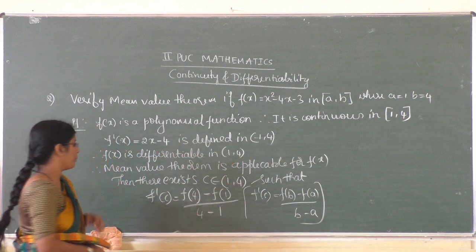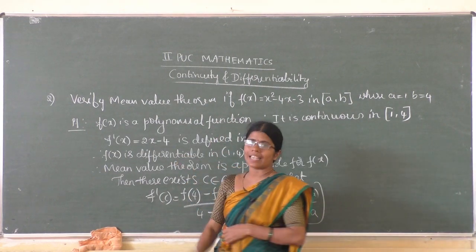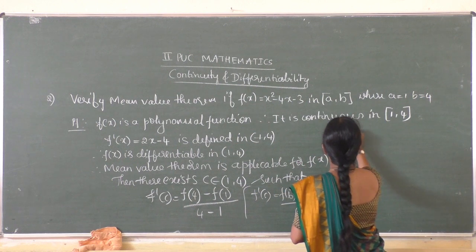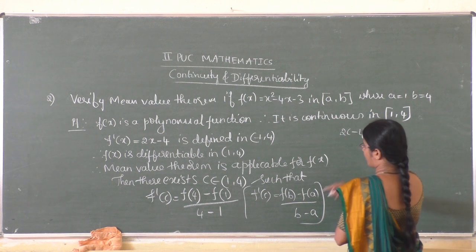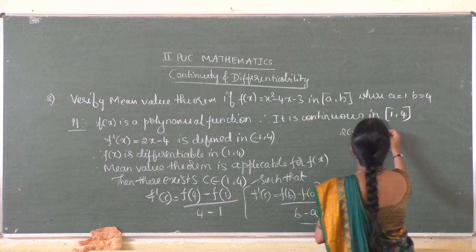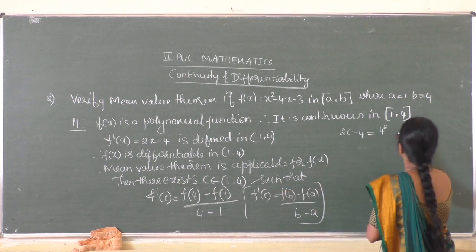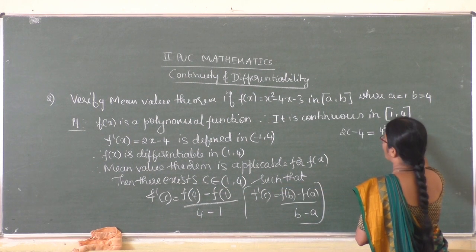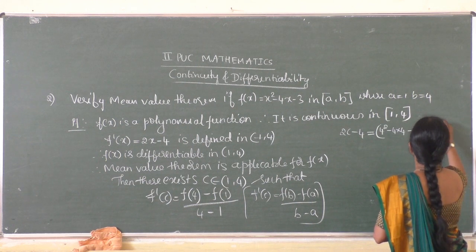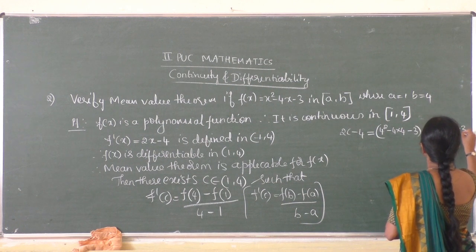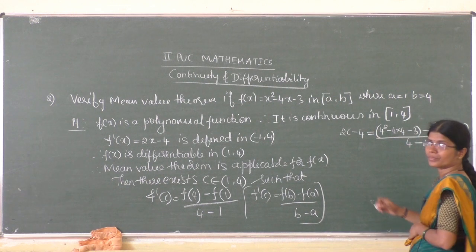First f dash of c: in the place of x, you have to put c. So 2c minus 4 is equal to f of 4 minus f of 1 divided by 4 minus 1. That means 4 square minus 4 into 4 minus 3, minus 1 square minus 4 into 1 minus 3, divided by 4 minus 1.